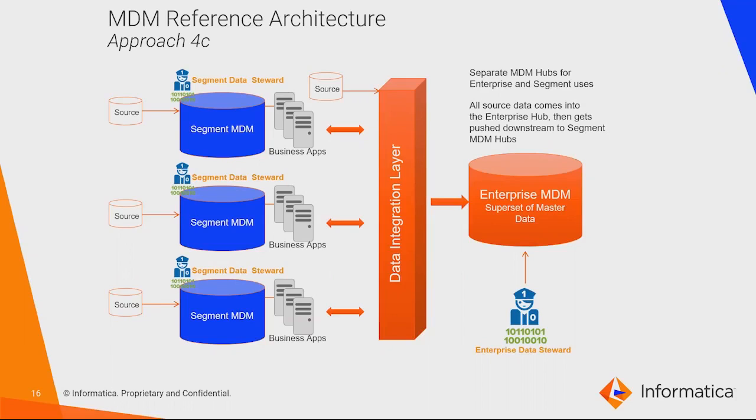The data from enterprise MDM can synchronize back with the individual MDMs as well as to the downstream systems. The good part with this approach is that it's non-invasive and it doesn't require many business process changes. However, the drawback would be losing centralized control, needing duplication of effort in maintaining the data quality.